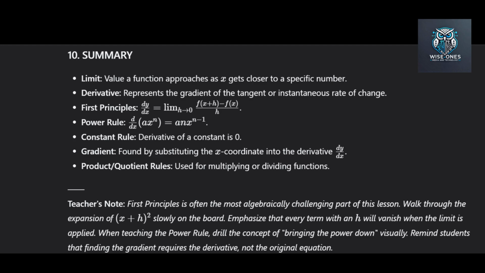We learned about the power rule. d/dx of x to the power of n equals n x to the power of n minus 1. We learned about the constant rule. Derivative of a constant is 0. We learned about gradient, found by substituting the x-coordinate into the derivative dy/dx. We learned about product and quotient rules, used for multiplying or dividing functions.